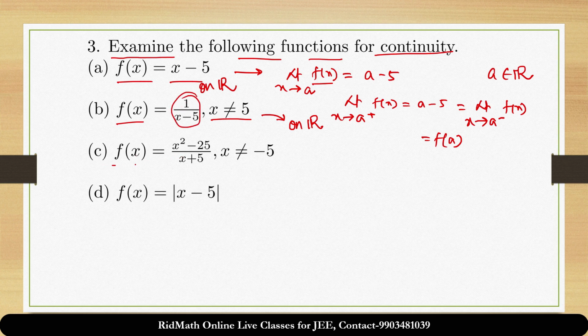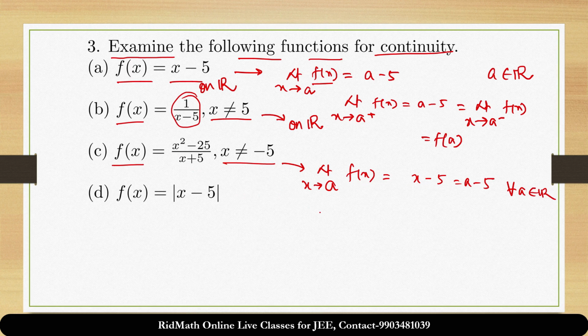And now this is f(x) equal to (x² − 25) by (x + 5) and x not equal to 5. Check that limit x tends to a, f(x) is equal to a − 5, for all a belongs to R. For any a that is a real number, limit x tends to a, f(x) is a − 5.